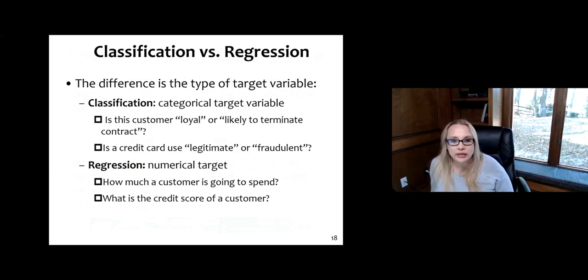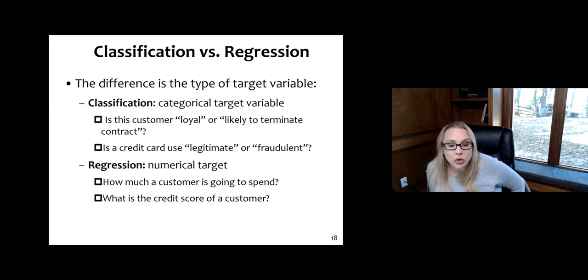Let's talk about prediction versus classification. The difference is the type of target variable. In classification, you have a categorical target variable. For example, if your customers are loyal, are they likely to terminate their contract? Is a credit card use going to be legitimate, or is it going to be fraudulent?